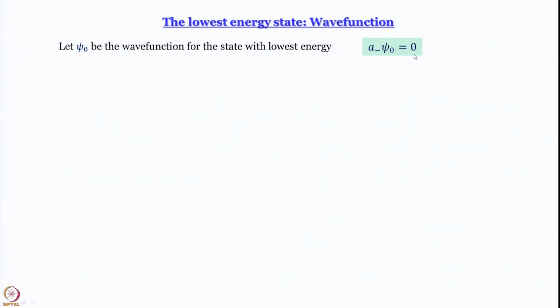Now, we know what A minus is, right. This is A minus, 1 by root over 2 h cross m omega, multiplied by i p plus m omega x. When this operates on psi 0, I get 0. We know what x operator is, just multiplication by the value of the position x. What is p operator? This is p operator, h cross by i d dx. What are we trying to do?